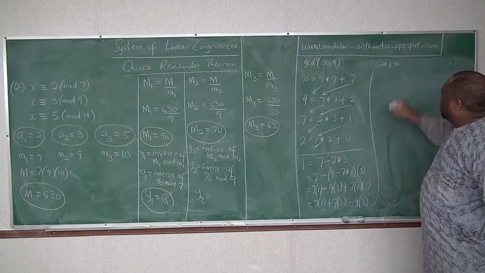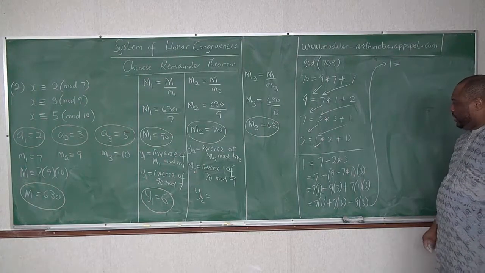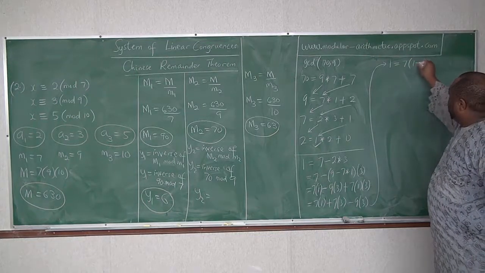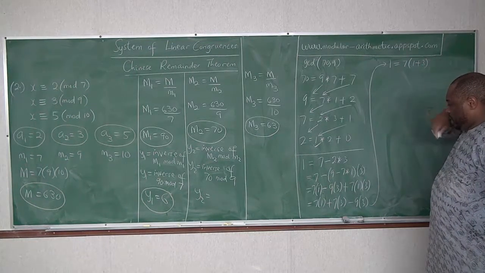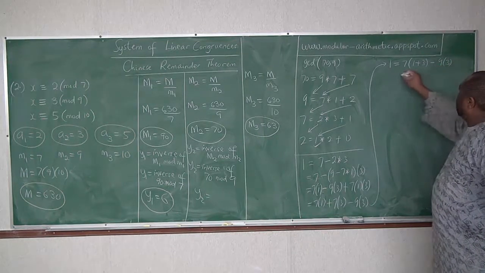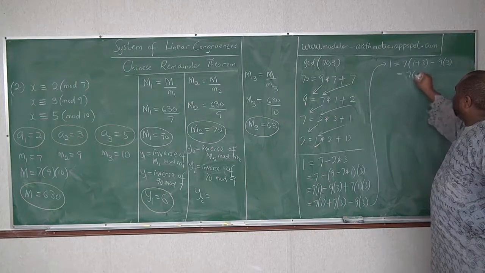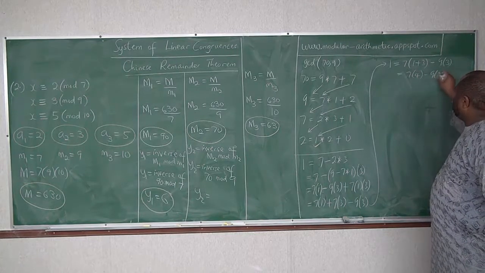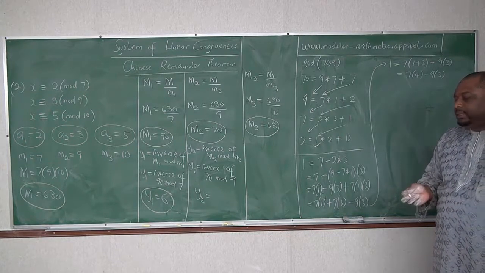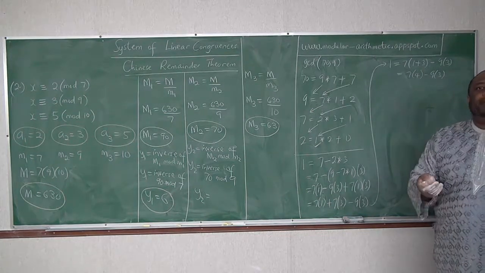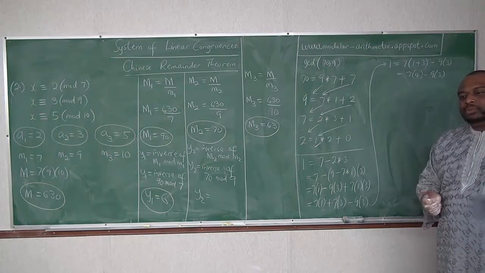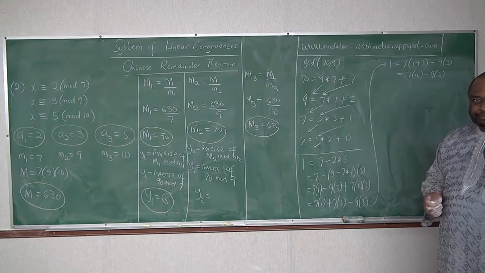So 1 is 7 times 4 minus 9 times 3. And that is correct: 7 times 4 is 28, 9 times 3 is 27, and 28 minus 27 is 1.